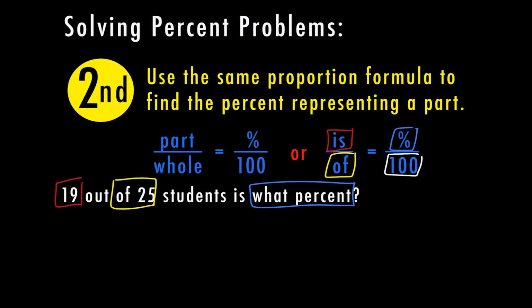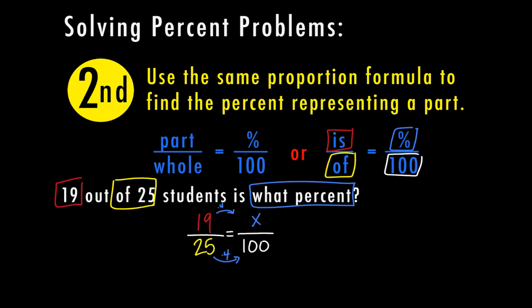So let's go ahead and fill it in. I have 19 out of 25, so 25 is my of, and then my percent is what I'm trying to solve for. In this case, 25 goes into 100 4 times.